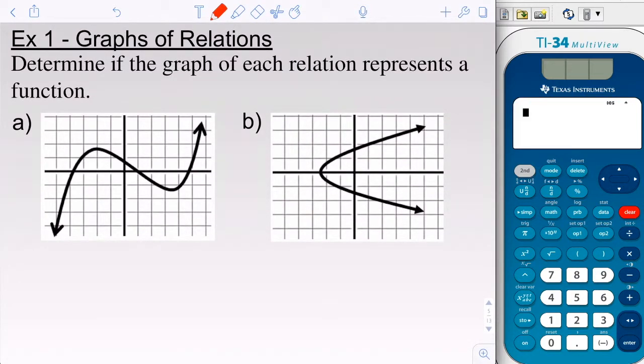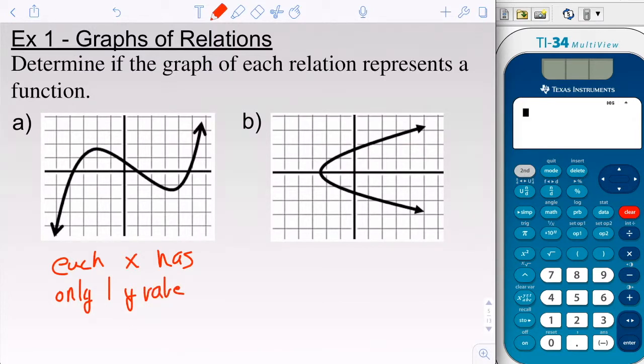So we want to figure out from these graphs if this is a function. One way to do this is the definition of a function. The definition of a function was that each input, each x value, has only one y value.